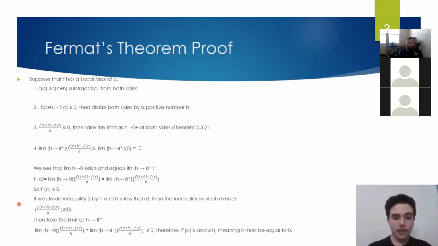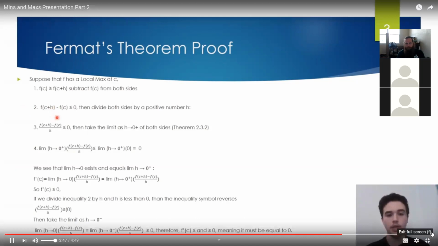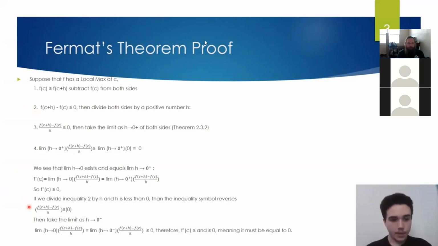So if we divide inequality 2, jumping back up to number 2 in this proof, by h, and h is less than 0, so essentially we say that h now is negative. So we divide by h when h is less than 0, and so the inequality symbol is reversed. And so we essentially repeat the process with the inequality symbol turned around. So we have f of c plus h minus f of c over h is greater than or equal to 0.